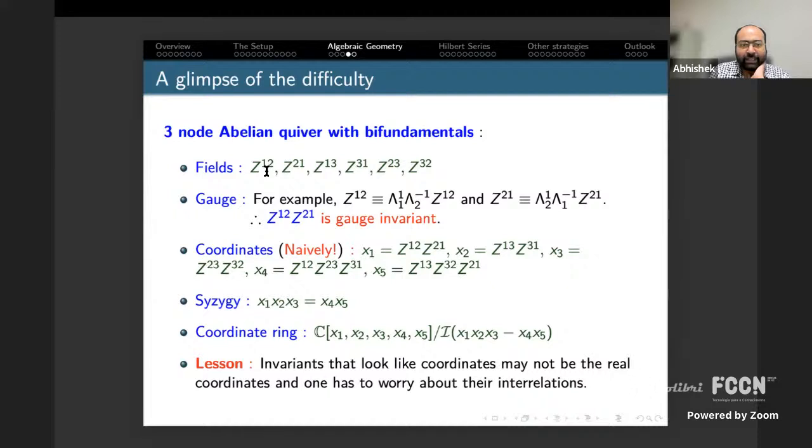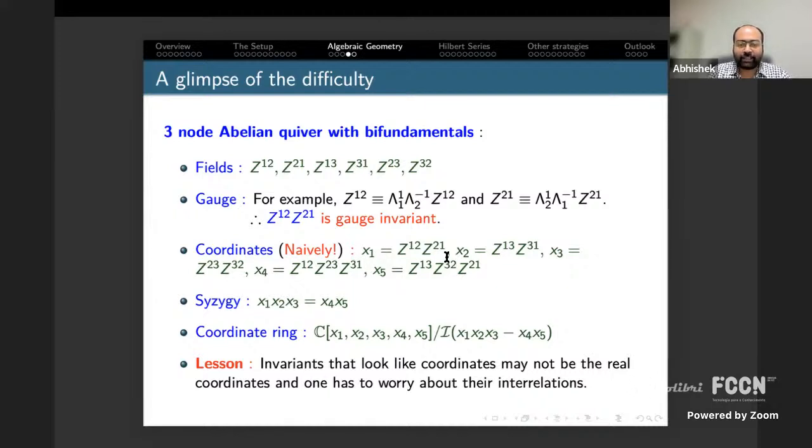So these fields that are there are the Z12, Z21, Z13, Z31, Z23, Z32. They transform under some gauge symmetries. Z12 is transforming like lambda 1 and lambda 2 inverse, right? And the gauge invariant combinations are the Z12 Z21 and so on. Then the coordinates are basically this x1, x2, x3, x4, x5. These are all the gauge invariant combinations that you can create.